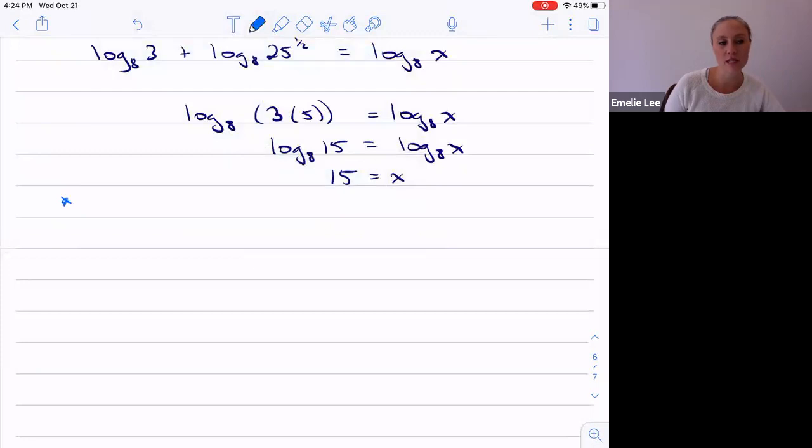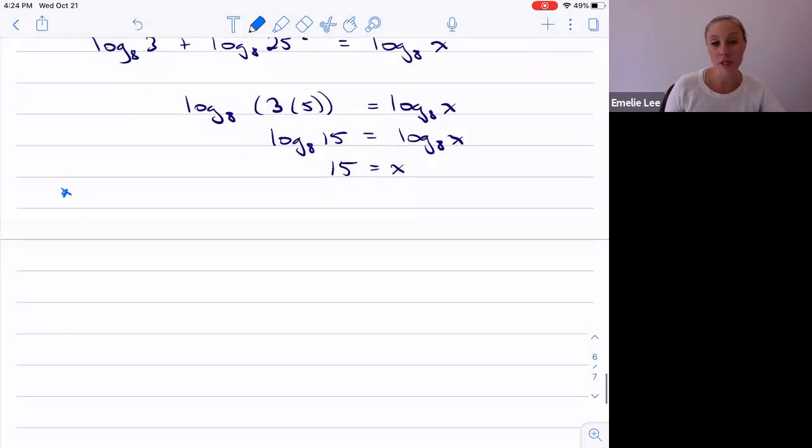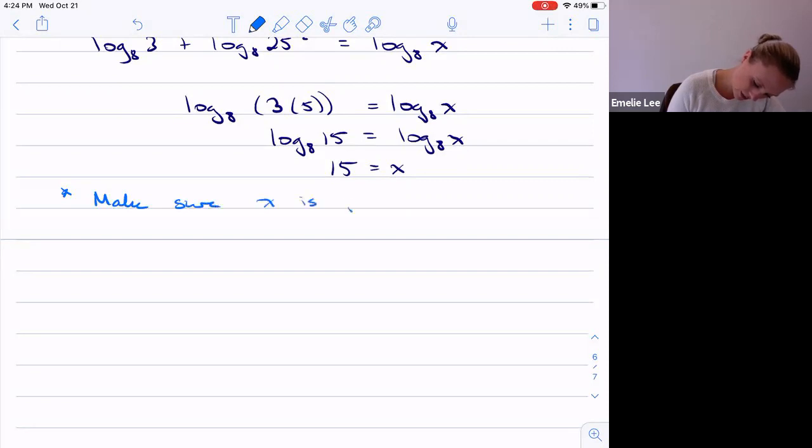When you solve for an x like this, you should make sure that x is positive. It is, so it's good. So just as a little check-in, make sure x is positive. It is.